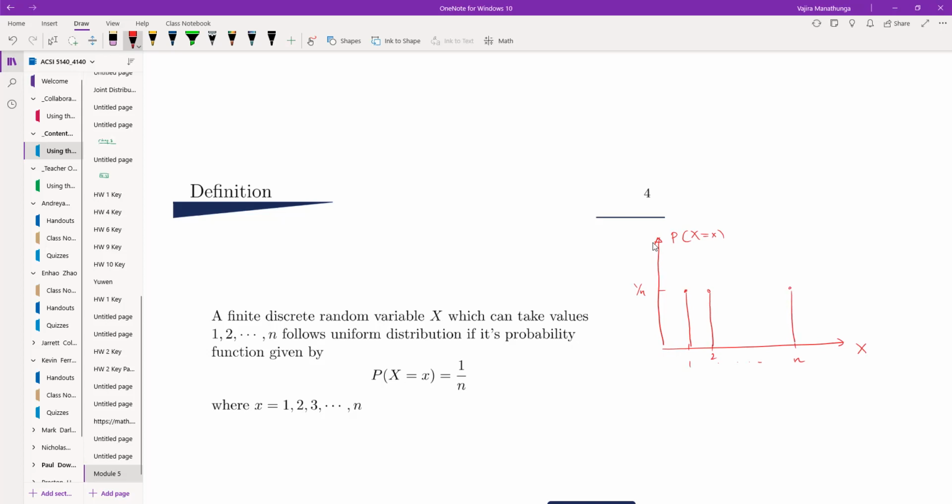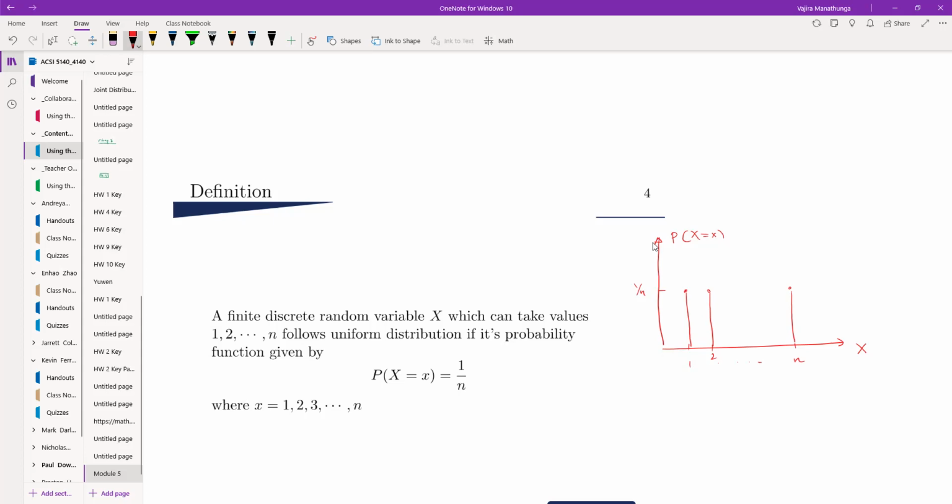So the idea is it doesn't need to take values between 1 and n. It can be something like 2, 4, 6, 8. What it says basically is that the probability needs to be the same, 1 over n, the number of values the random variable can take.